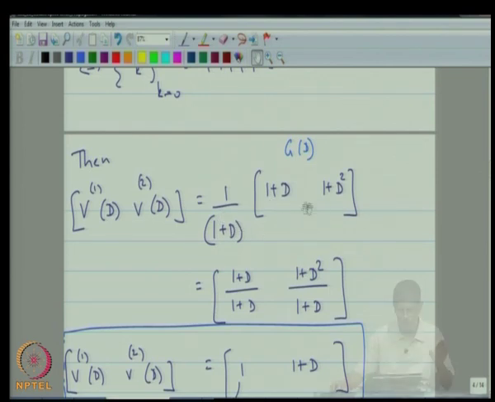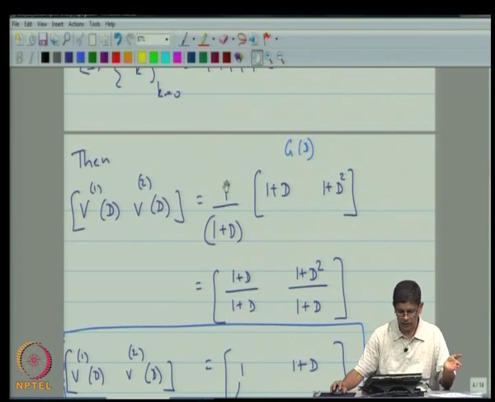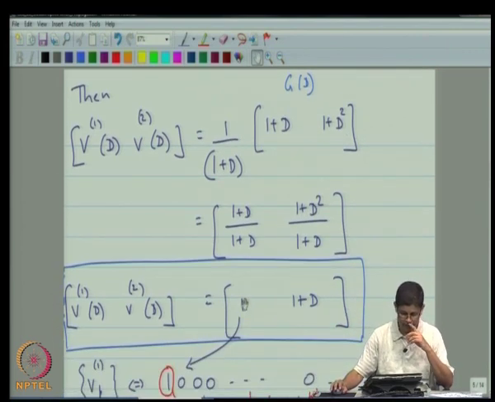If the GCD is 1 plus some polynomial, the input can be 1 plus that polynomial, and you can prove that that is a valid input. And because the denominator divides both the entries, what you will get is outputs that are finite, are polynomials and hence have finite Hamming weight, whereas the input itself being of this form will always have infinite Hamming weight.